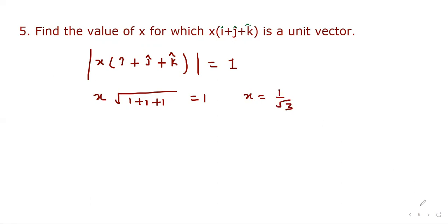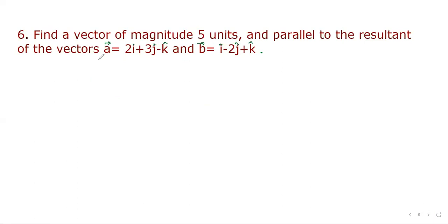Now, the next question is, find a vector of magnitude 5 units and parallel to the resultant of the vectors A and B. So here we can assume vector C, which is parallel to the resultant of these two. So resultant means the sum of the two here.